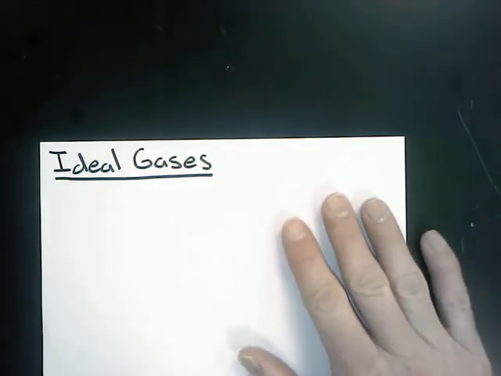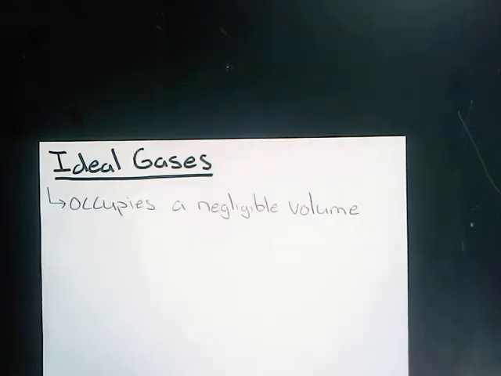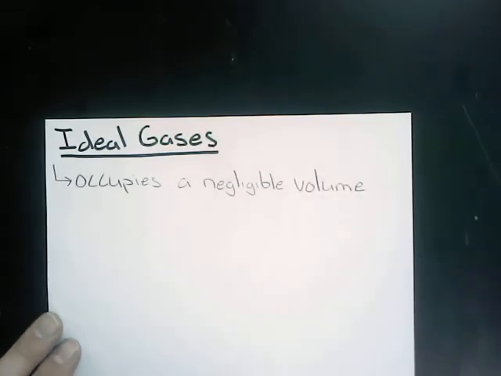But what really is considered an ideal gas? Well, an ideal gas is going to occupy a negligible volume, and also these ideal gases are far enough apart to exert minimal attractive or repulsive forces on each other.